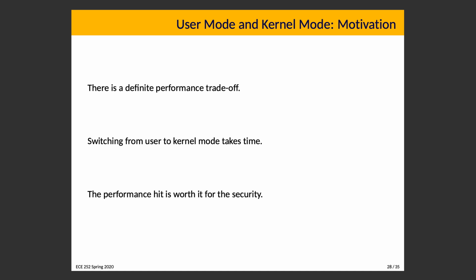And the thing is that traps are expensive. Switching from user mode to kernel mode takes a fair number of instructions and takes some time. So it would be faster if everything ran in kernel mode and there would be no time switching. However, it is judged that in a general purpose operating system, the decrease in performance is worth it for the increase in security and integrity that this provides.